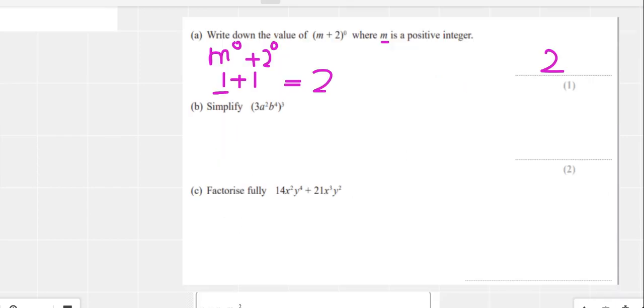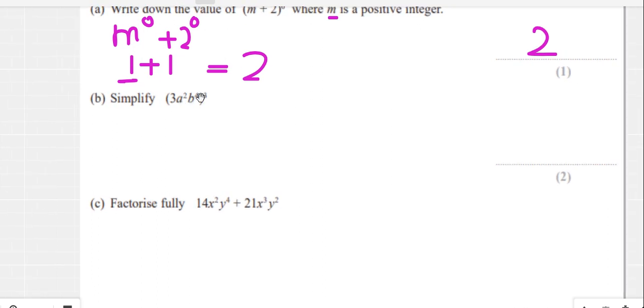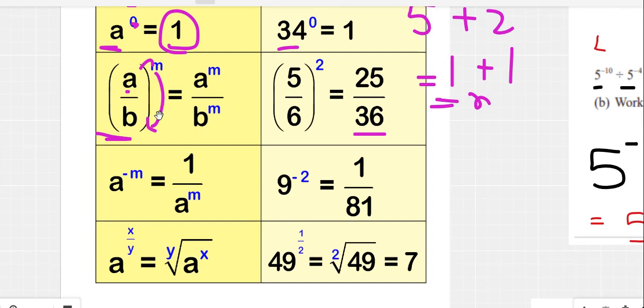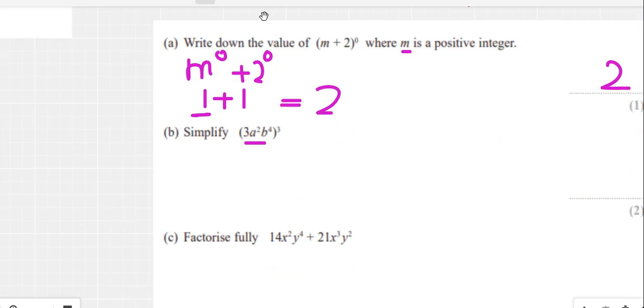Now in the next question they are saying simplify 3a square, b4 and 3. Same rule that we have discussed before: when the bracket is there, when you open the bracket, you will distribute the power outside of the bracket to each term inside. Same thing we're gonna do here. Now how many terms do we have inside? 3, a and b. So 3 has no power mentioned.